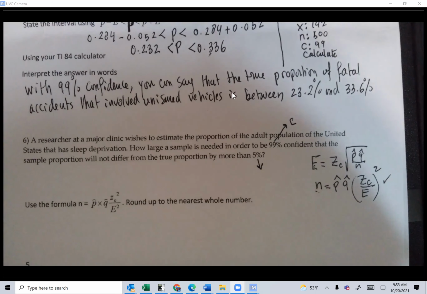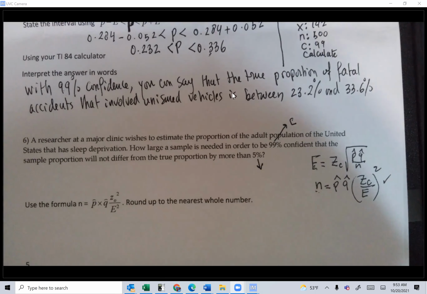So when he says he doesn't want the sample proportion to be different from the true proportion by no more than 5%, that's E, the margin of error. You are allowed to make a margin of error, but no more than 5%. So you have to be close to the true value, within 5%, but no more. So that's E.